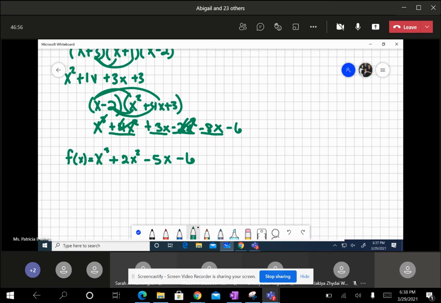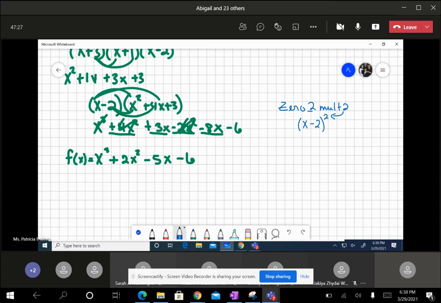What does multiplicity mean, guys? I have a 0 of 2 with a multiplicity of 2. What do I write for that? Minus 2, because that's a positive 2 here, to the second power.